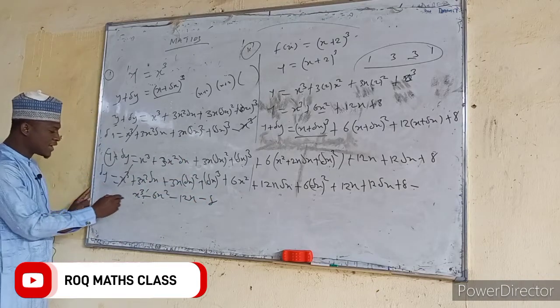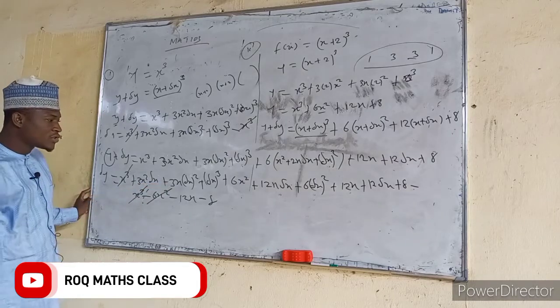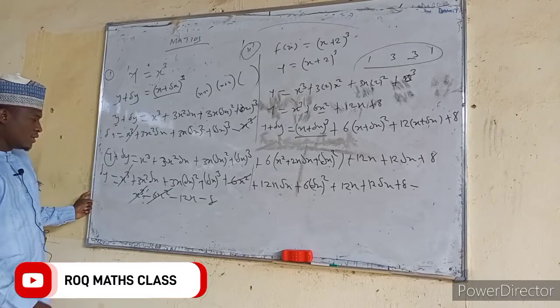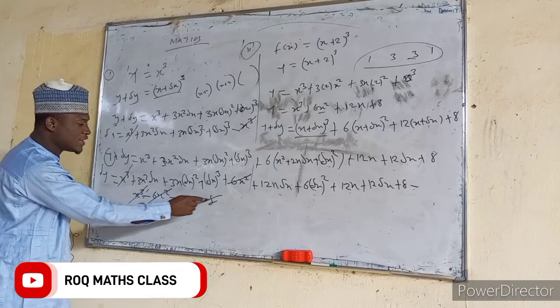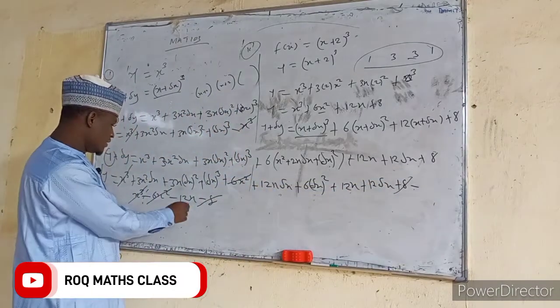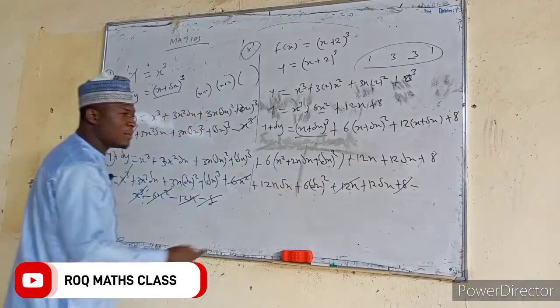From there, this guy will cancel this guy. This guy also 6x squared. We also have what again? This 8 will go with this 8. 12x will go with this 12x.